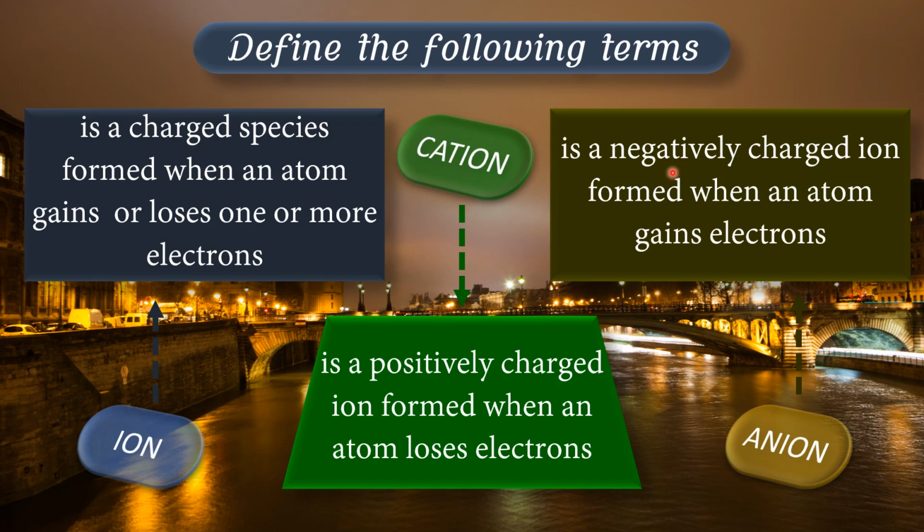Therefore, the atom acquires a negative charge. And when it acquires a negative charge, now it is no longer called an atom. It is now called a negatively charged ion. And the negatively charged ion is what we call an anion.